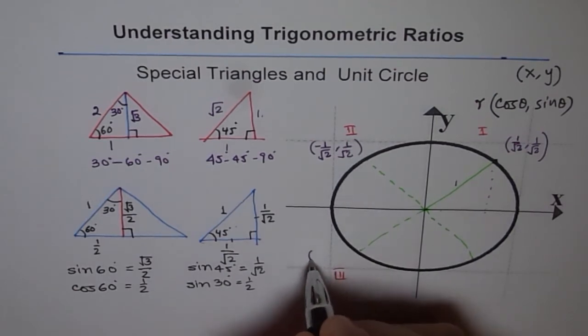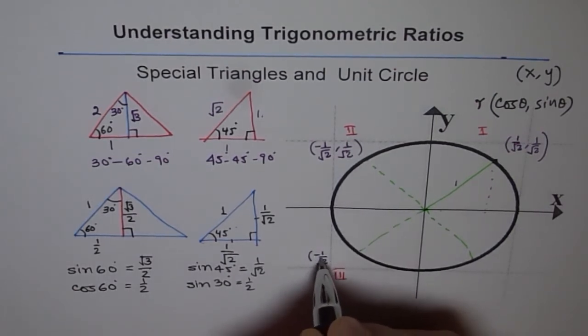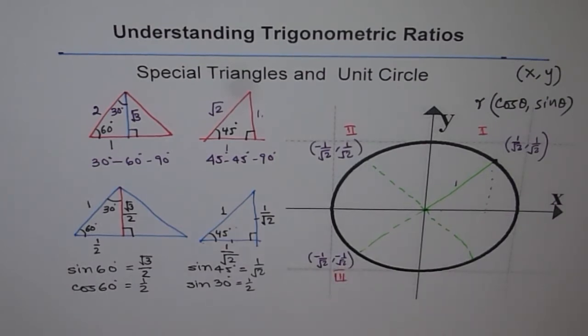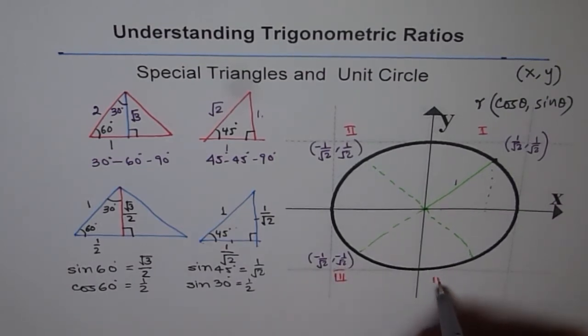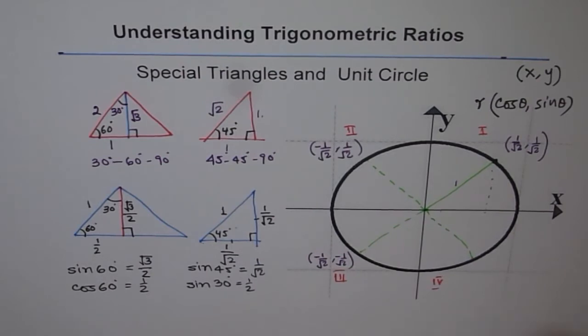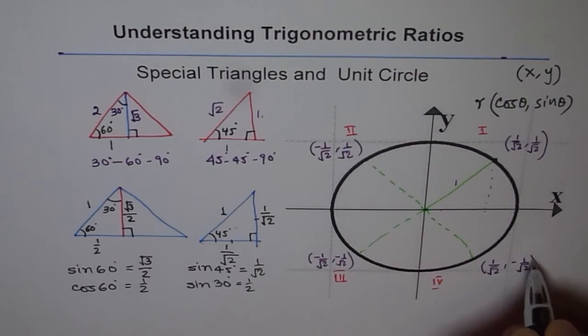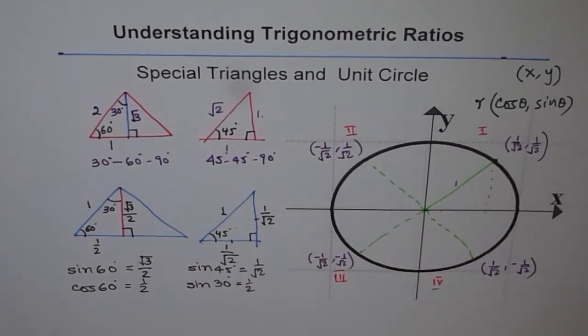So we have minus 1 over square root 2 and minus 1 over square root 2. How about quadrant 4? In quadrant 4, x becomes positive, but y remains negative. And therefore, we have a value here positive for x and negative for y. So that's how we can fill our unit circle.